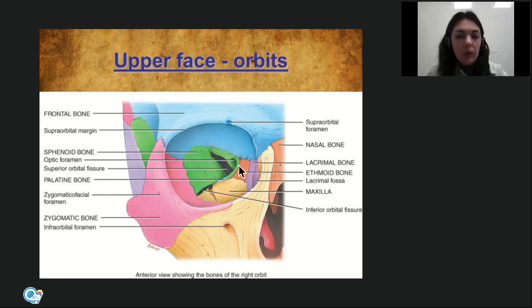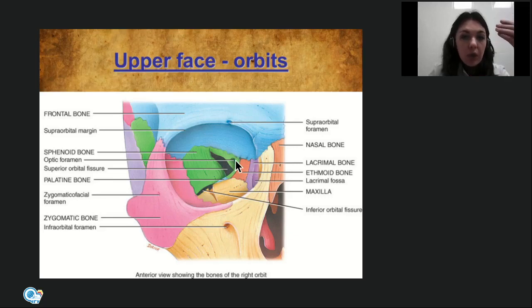Here we can see it. The medial wall has the most complicated structure. It is formed anteriorly by the frontal process of the maxilla, then the lacrimal bone, then the orbital plate of the ethmoid bone, and posteriorly the body of the sphenoid bone.